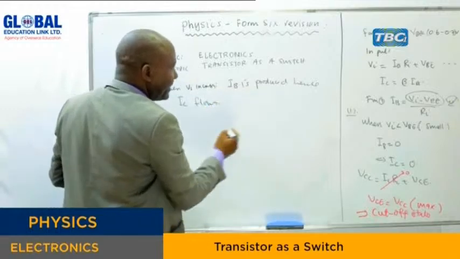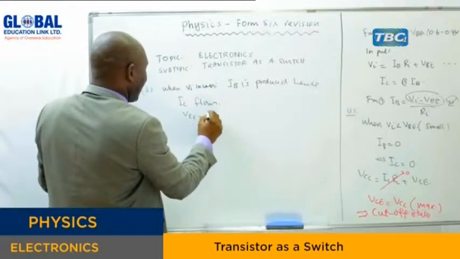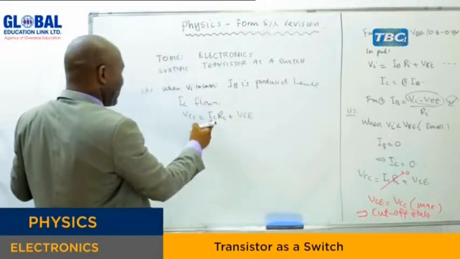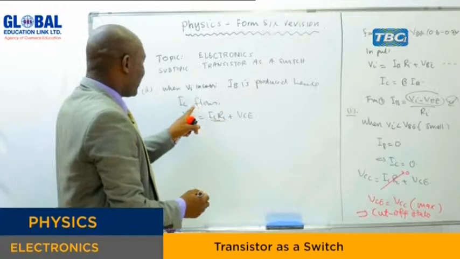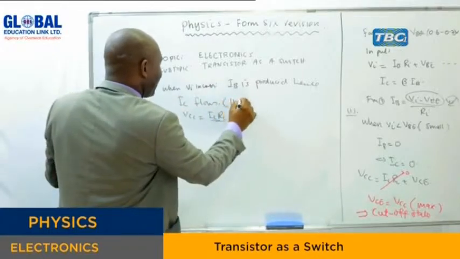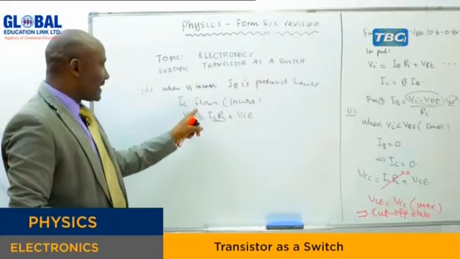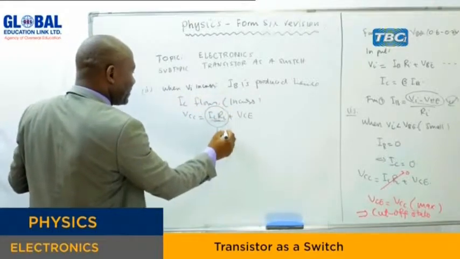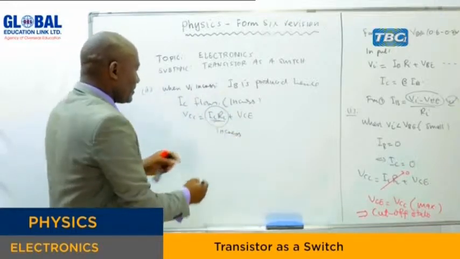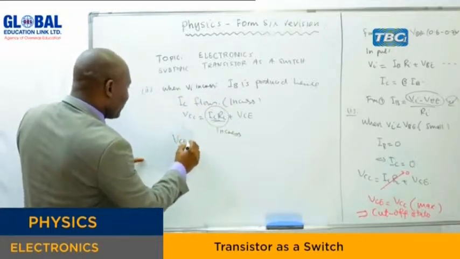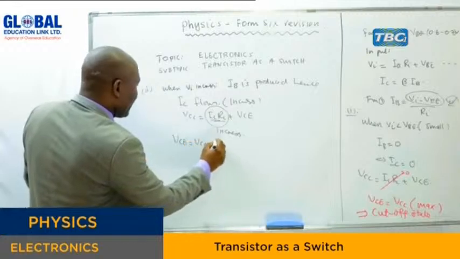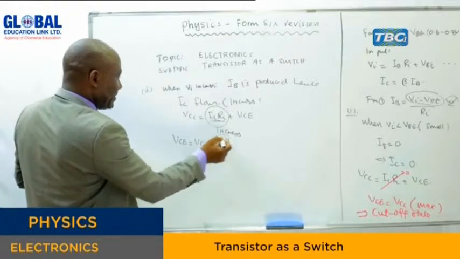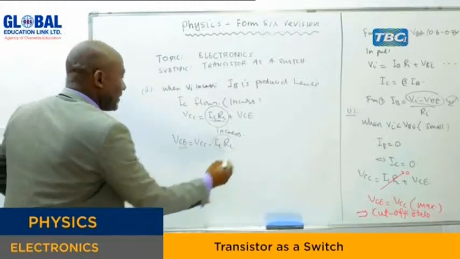And from the output circuit, we have VCC = IC RL + VCE. Since this current flows, the current starts increasing. When the current increases, the voltage across RL also increases. The output voltage equals VCC - IC RL. If this voltage drop increases, it means that the VCE reduces.